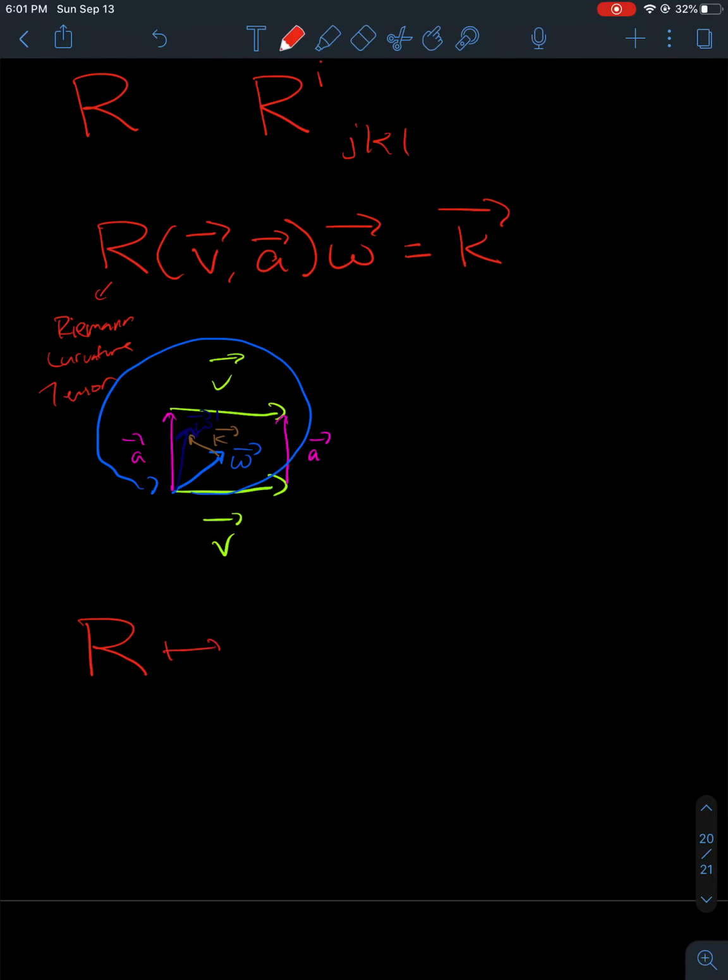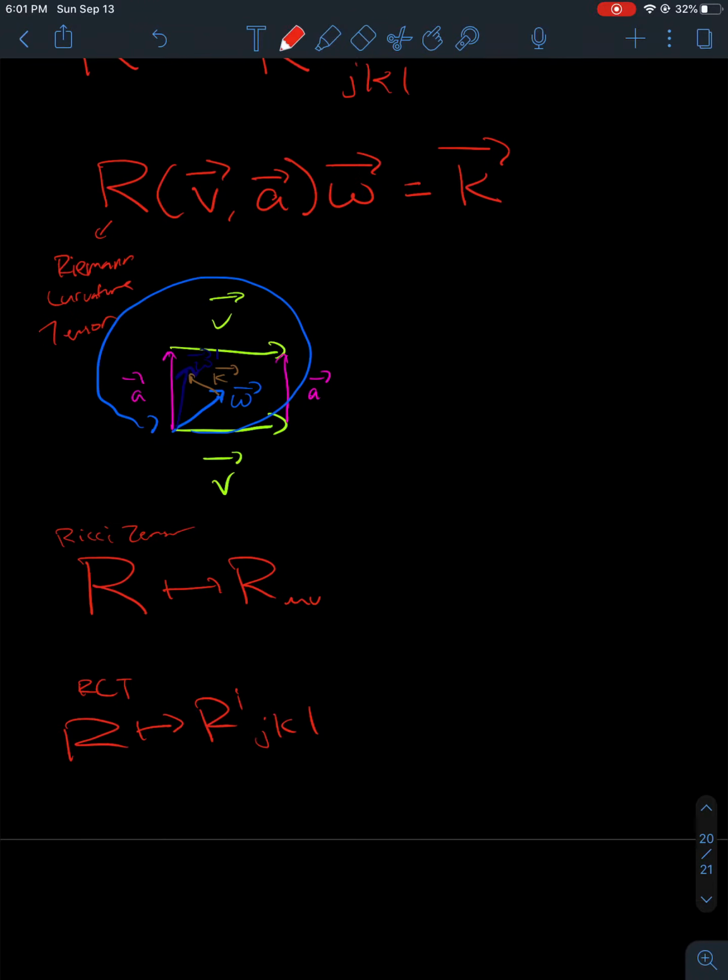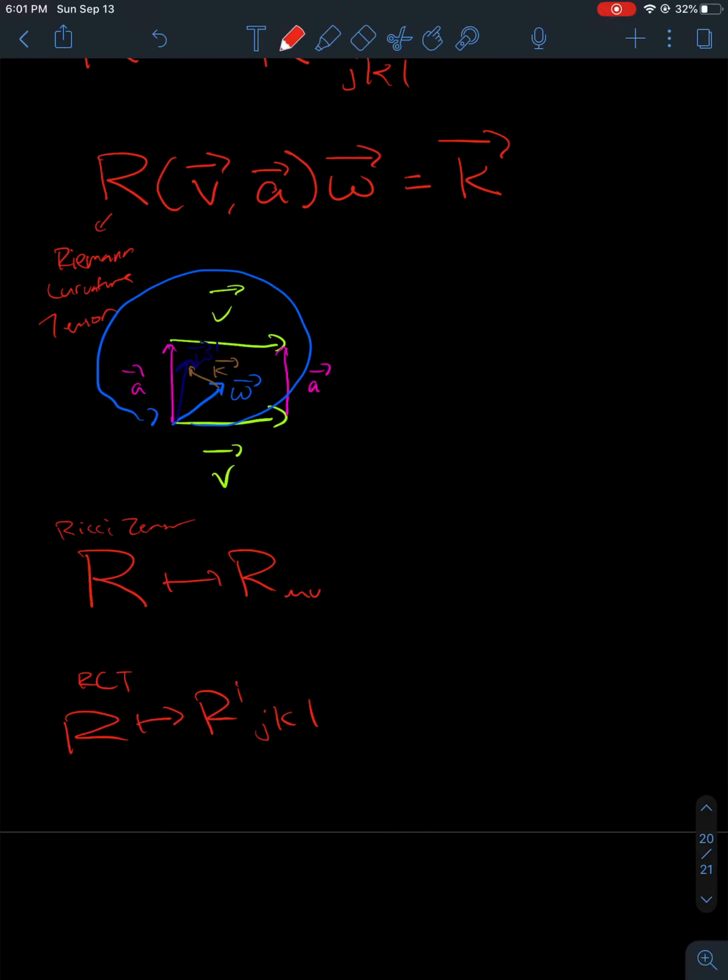Keep in mind the component form is R mu nu for the Ricci tensor, and the Riemann curvature tensor, its component form is I, J, K, L. And it turns out that we get the Ricci tensor by contracting the components of the Riemann curvature tensor.